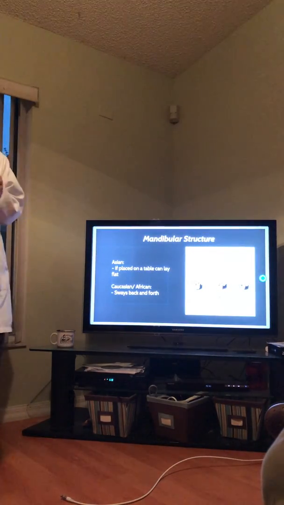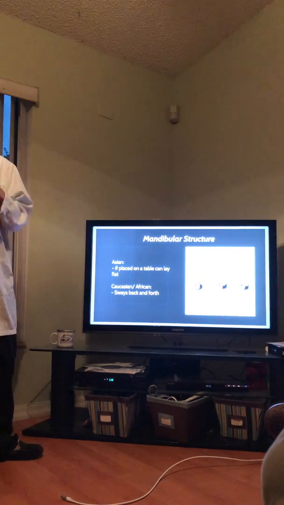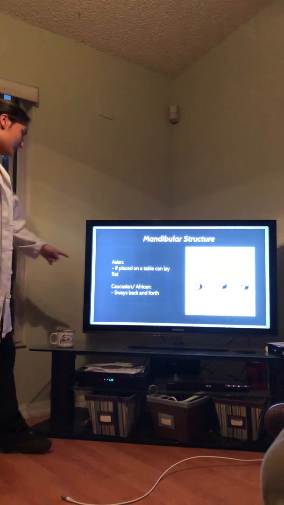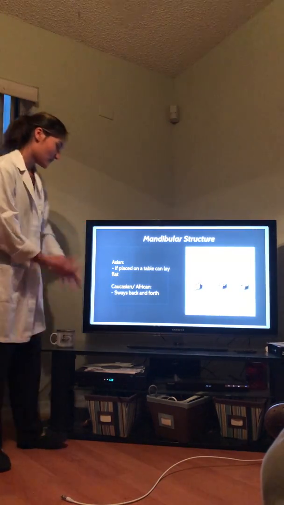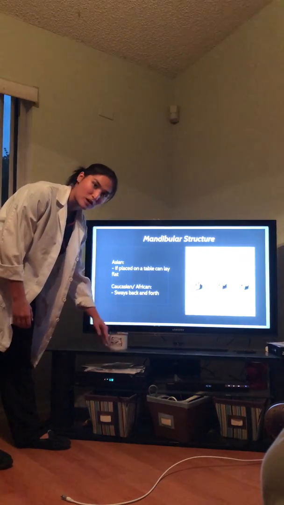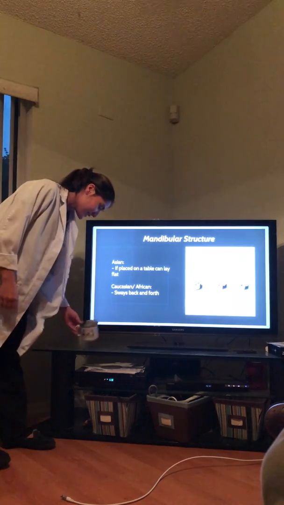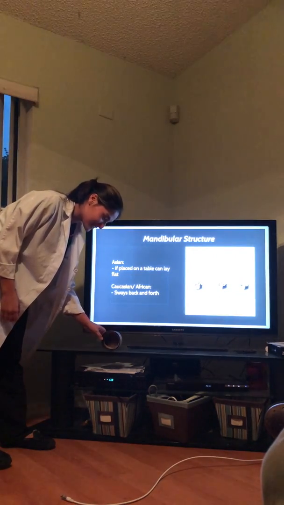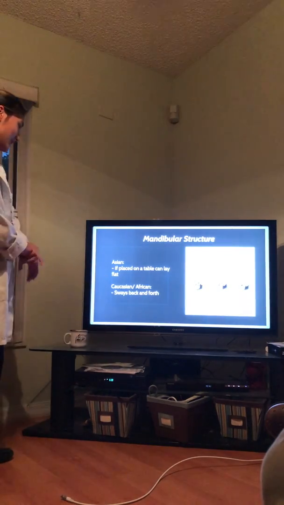So the first key identifier is the mandibular structure, so the jaw. Asians typically have a very flat mandible. If you were to place it on a table, it'd be like this, no wobbling. If it were a Caucasian or African, it would be more like this type of movement on a flat surface.